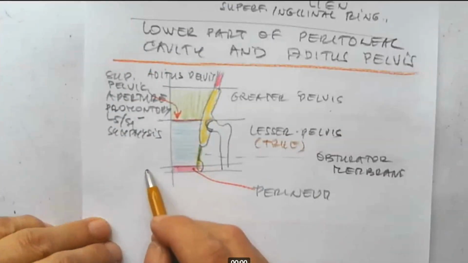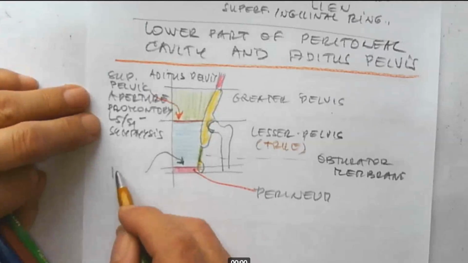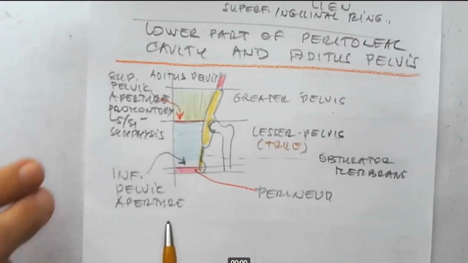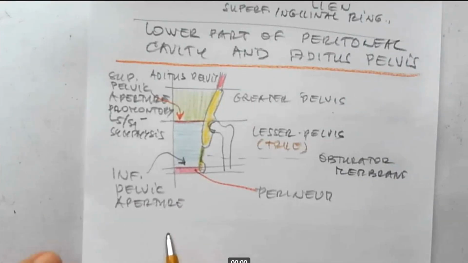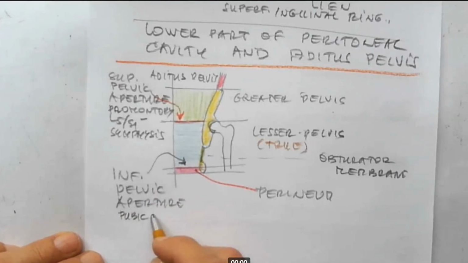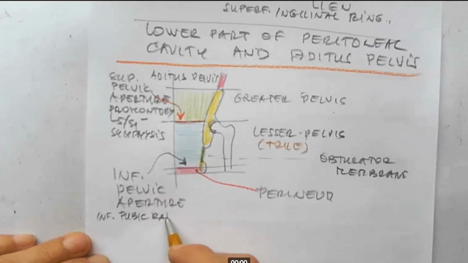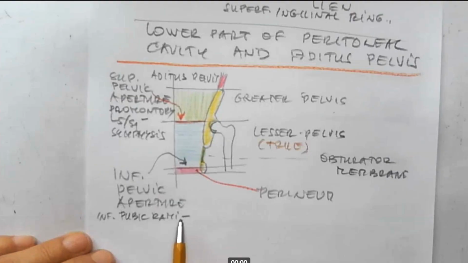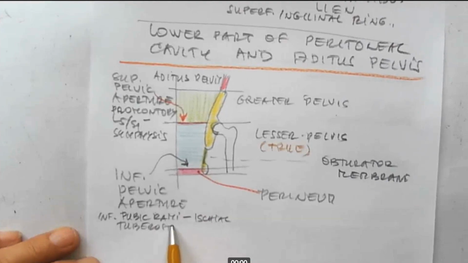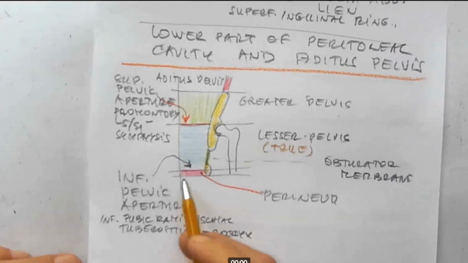But that one is the inferior pelvic aperture, or exitus pelvis, which is in fact the pubis, inferior pubic rami, then ischial tuberosities, and in fact the apex of the coccyx. That's it. This is the inferior aperture.